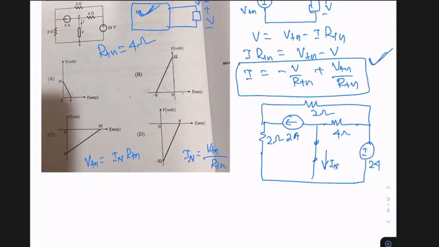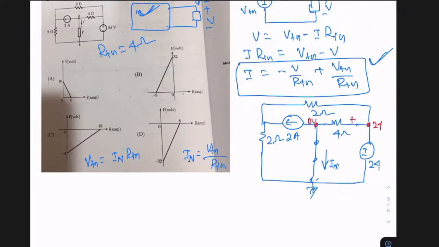So this current IN I want to find. Take this point as ground. If you take this point as ground, now in this case this node voltage is 24 and this node voltage is 0 volts.